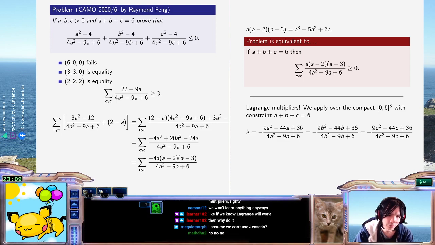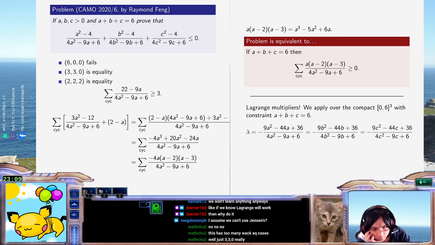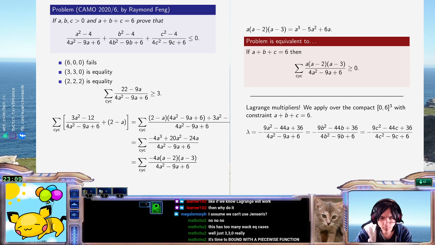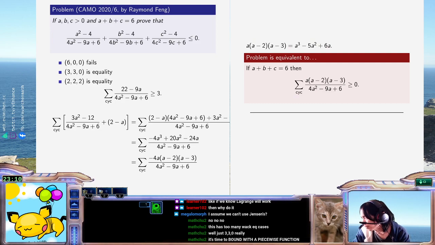No. No, this function is... Yeah, Jensen won't work because it won't preserve the equality case. Bounded with a piecewise function. We need to bound this by something. I can't just use a random linear function.